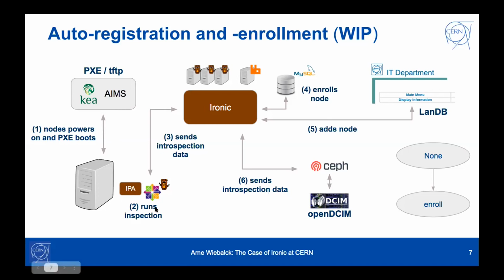It runs the initial inspection and then sends data to our Ironic infrastructure. Ironic doesn't know anything about this node yet, so it will start enrolling it into its own database, and it will also add it to other databases, in our case, a network database that's called LANDB, which holds some of the networking information that's specific to CERN.